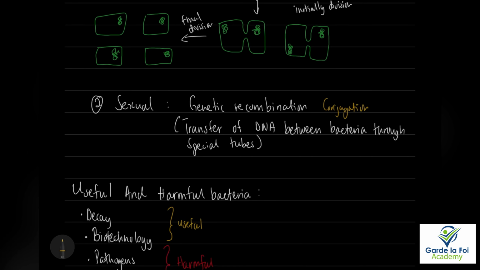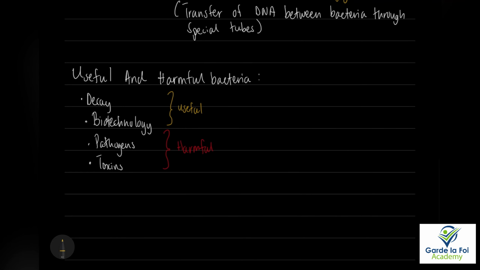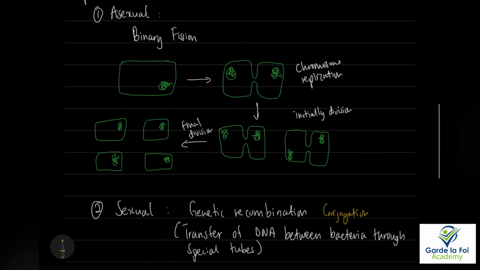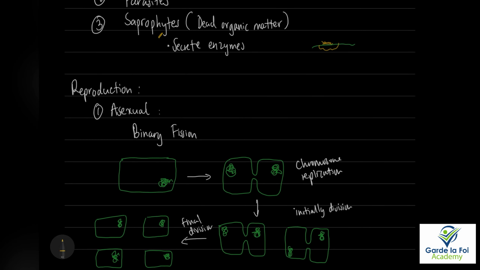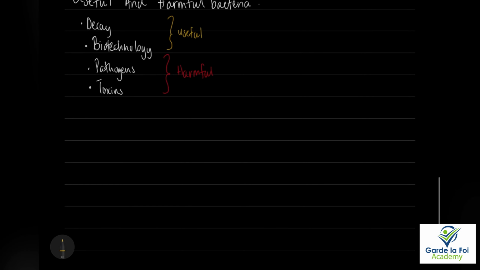And we've got the useful and harmful bacteria, which you are supposed to know. Obviously, with the saprophytes, they are the ones that facilitate decay by secreting those enzymes that break down the food substances or cause decay of some organic substances.